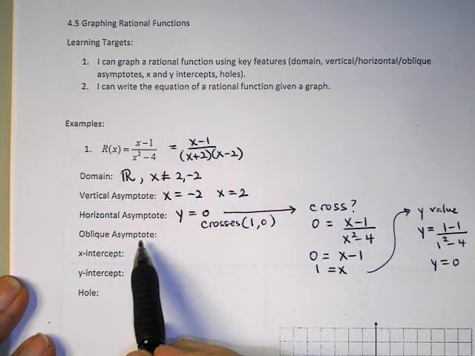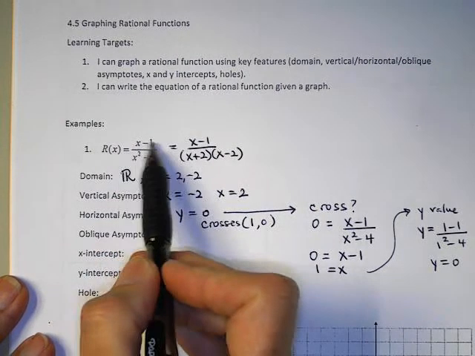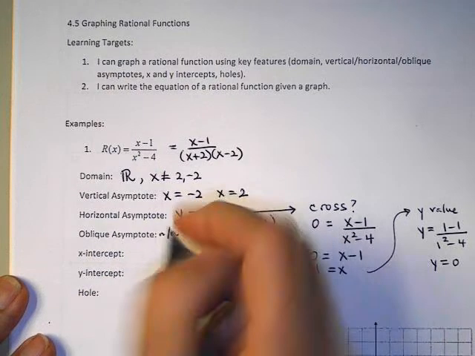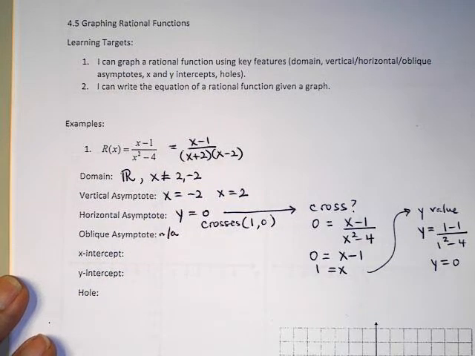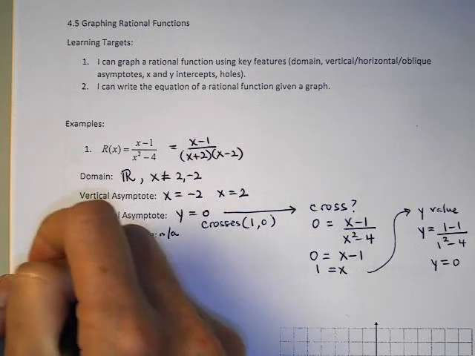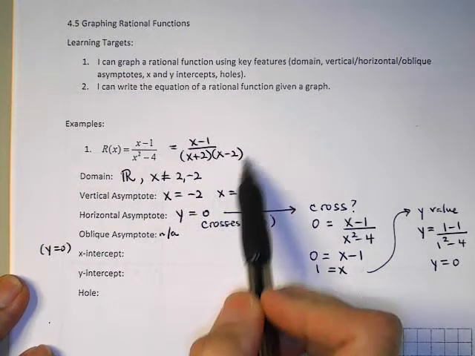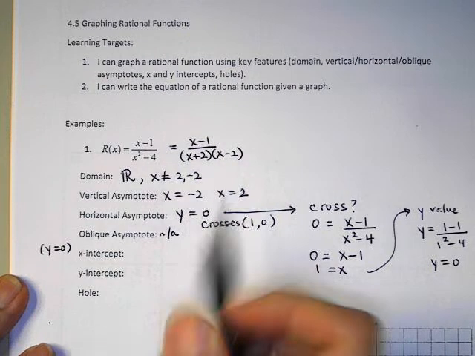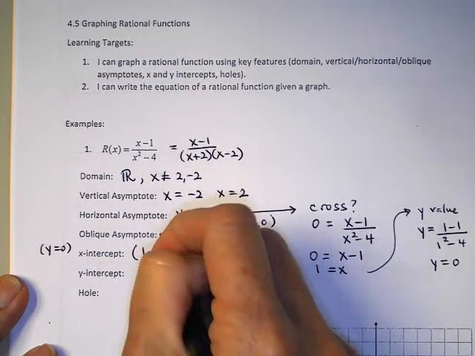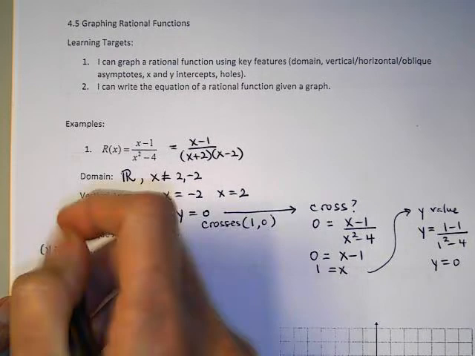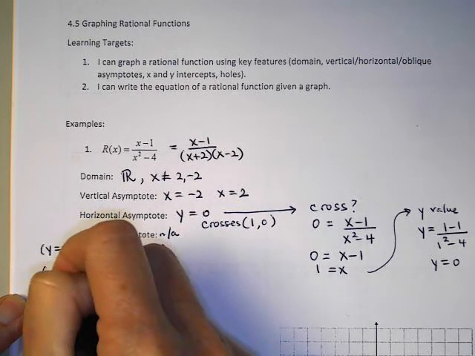Oblique asymptote, we're not going to have that. Remember, my numerator would have to be a higher degree power than my denominator, so I'm just going to put not applicable. My x-intercepts are where it's sitting on the x-axis, or of course where y equals 0. So what would make this function equal to 0? Well, wherever that numerator is 0, so that would be at 1, 0. A y-intercept would be where x equals 0.